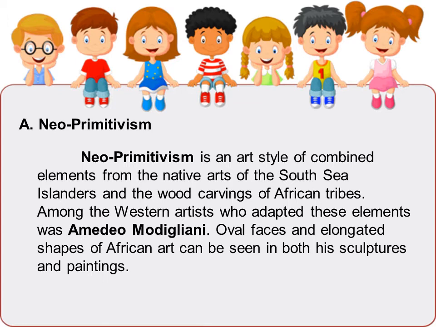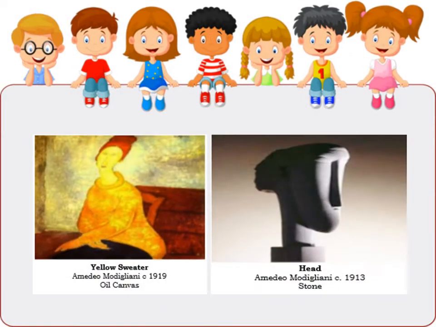Oval faces and elongated shapes of African art can be seen in both his sculptures and paintings. The picture on your screen shows Neo-Primitivism by Amedeo Modigliani. We have The Yellow Sweater and next we have The Head.